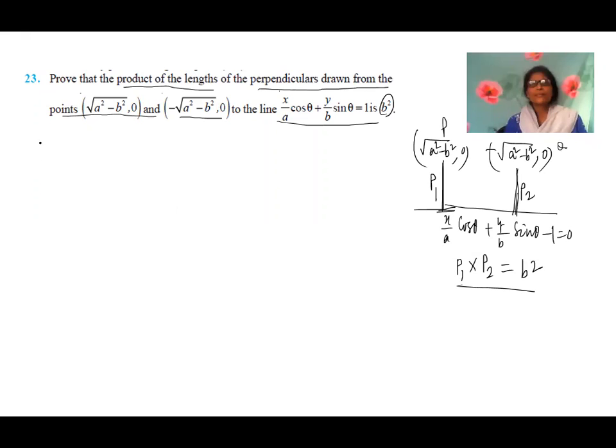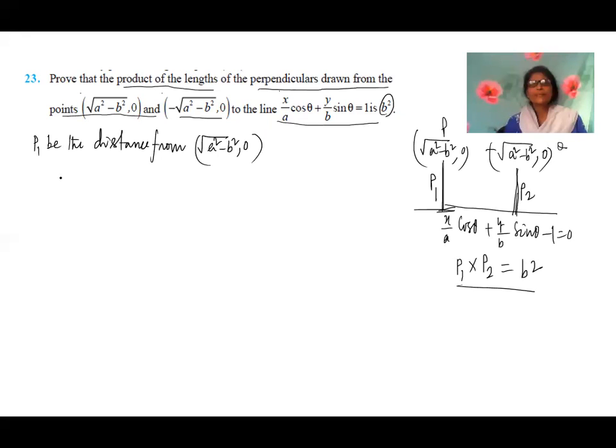So first we are getting P1. Let P1 be the distance from (√(a² − b²), 0) to this line. So what is the formula?